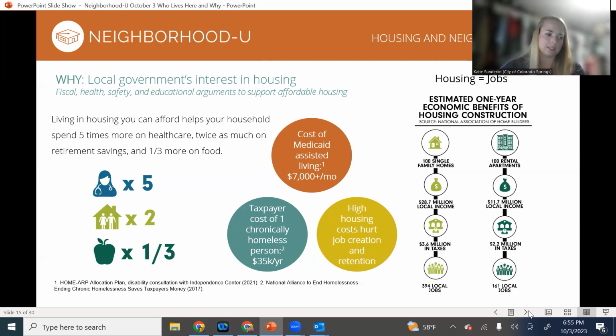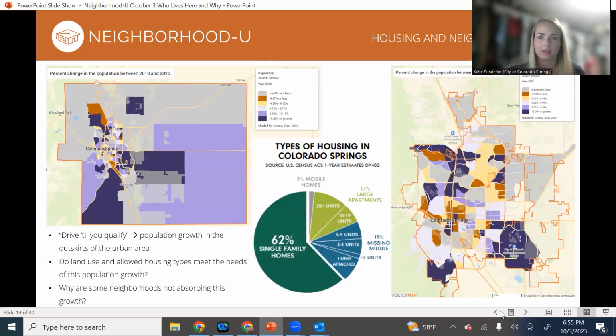One of the strategies that we are really trying to look at as well is that our city is really zoned for single family housing. We have a ton of single family housing.